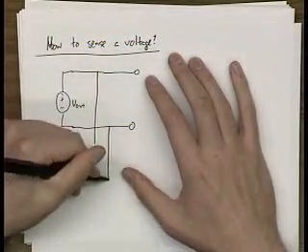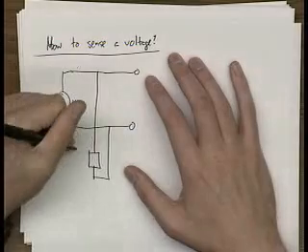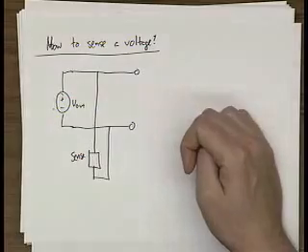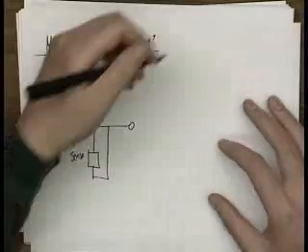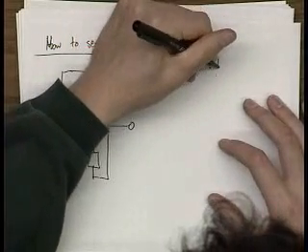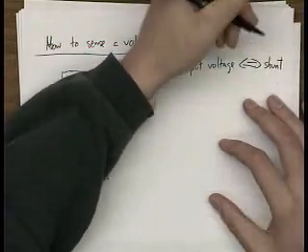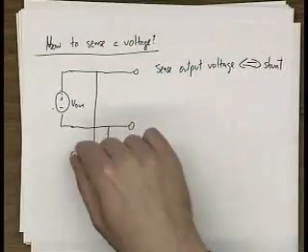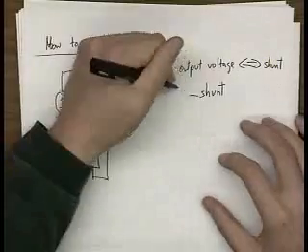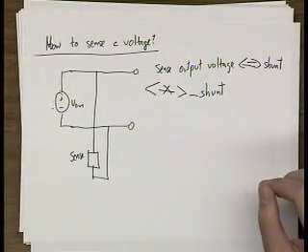We put some voltage measuring device, this is our sense mechanism, in shunt with the output voltage. We're shunting the output voltage. So if you sense an output voltage, that corresponds to shunt at the output. So if you're sensing an output voltage, it's a blank shunt network. It's either going to be series shunt or shunt shunt, okay?